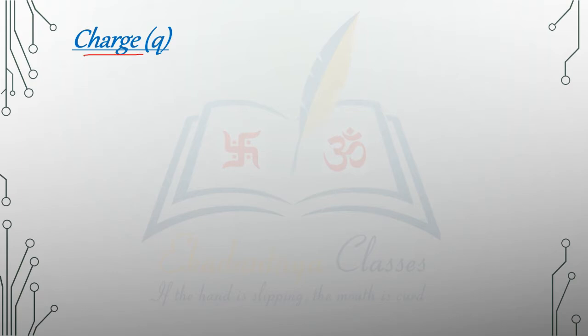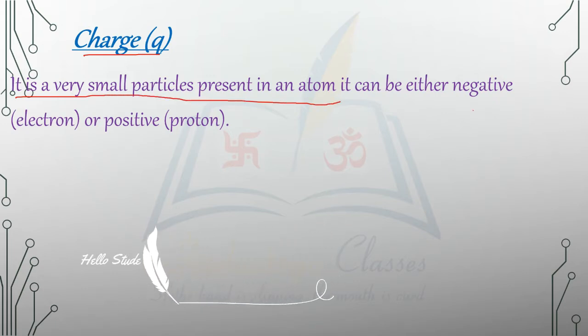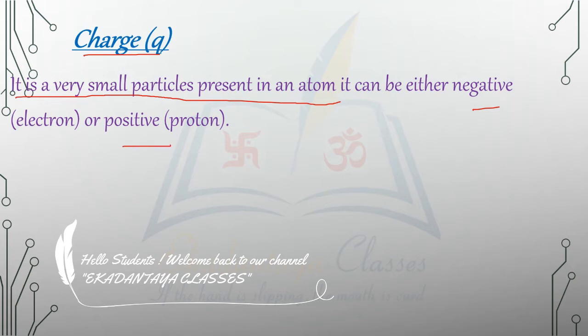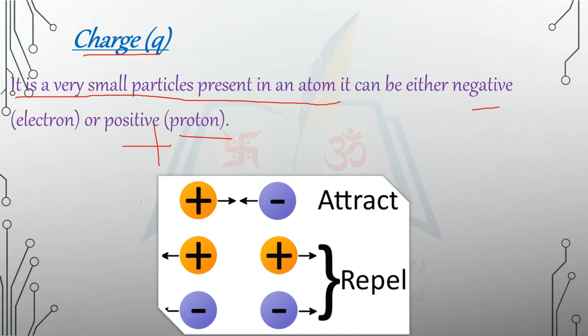Charge. What is charge? It's a very small particle present in an atom which can be negative or positive. The negative one is called an electron and the positive one is called a proton. These are some charges. This is the positive charge and this is the negative charge.